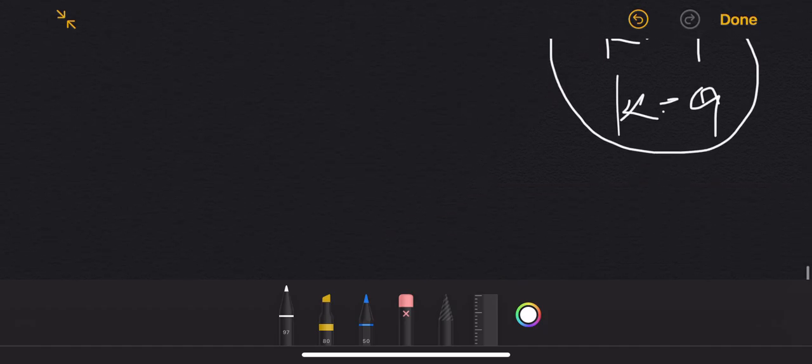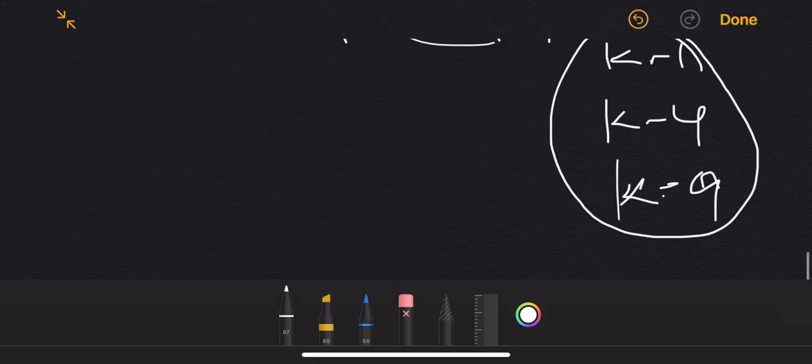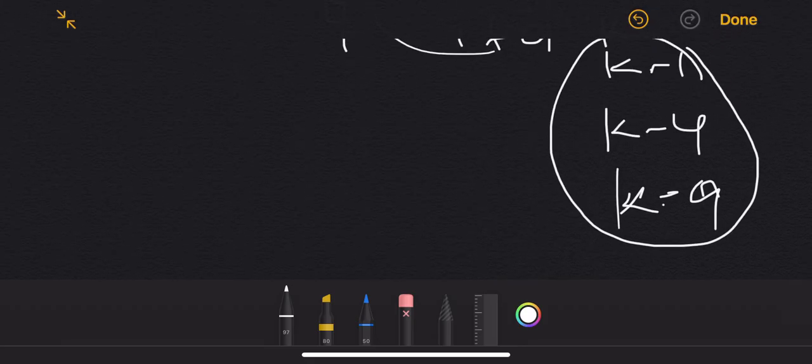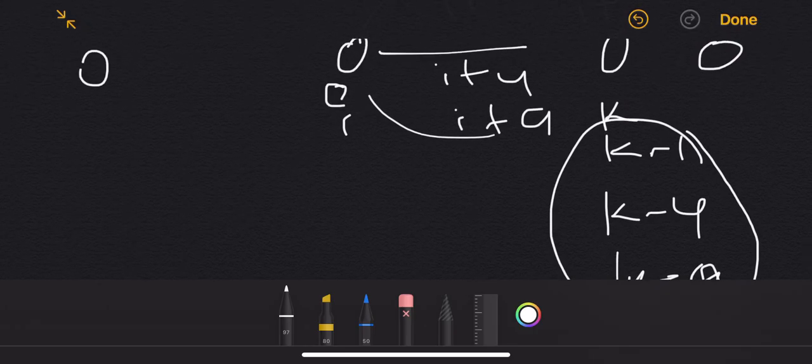So in this thing we are clear now. The next problem is what are going to be our states. Now we know k minus 1, k minus 4, k minus 9 are three states here and k is the fourth state. So for any general problem, what are going to be states?